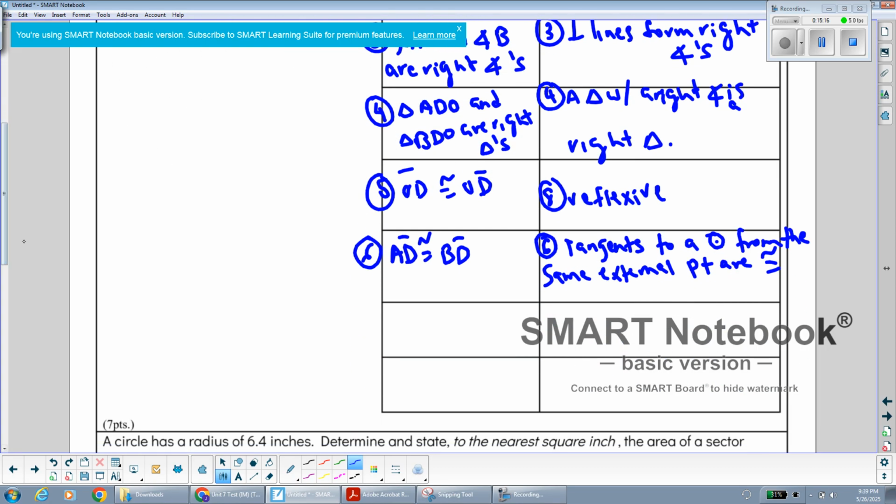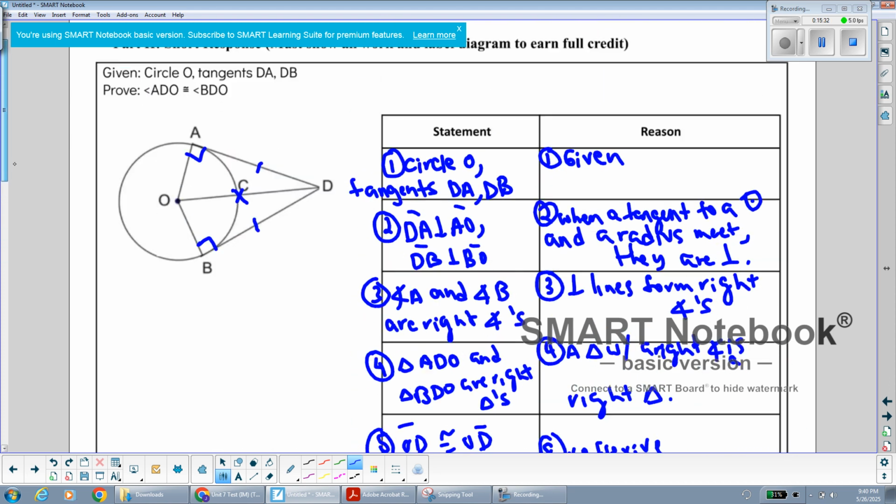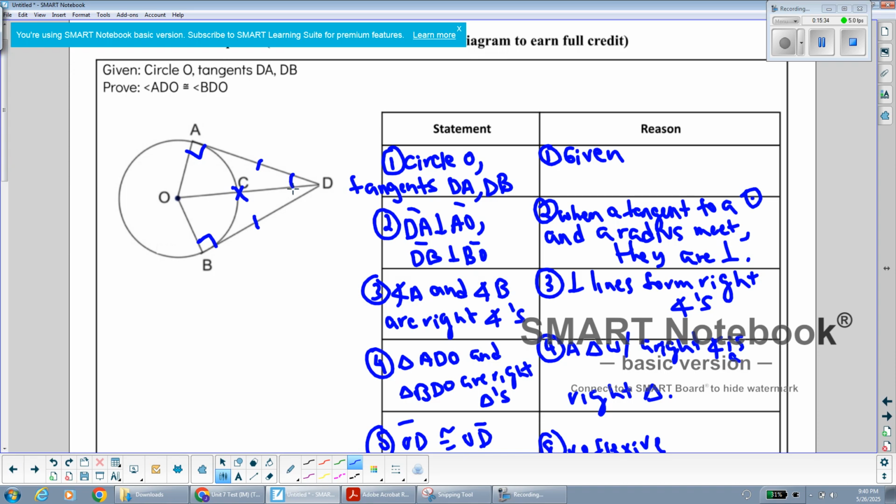And from there, we have everything that we need to say that the two triangles are congruent to each other. Step 7, due to HL. And then we can prove the proof statement that these two angles are congruent due to CPCTC.